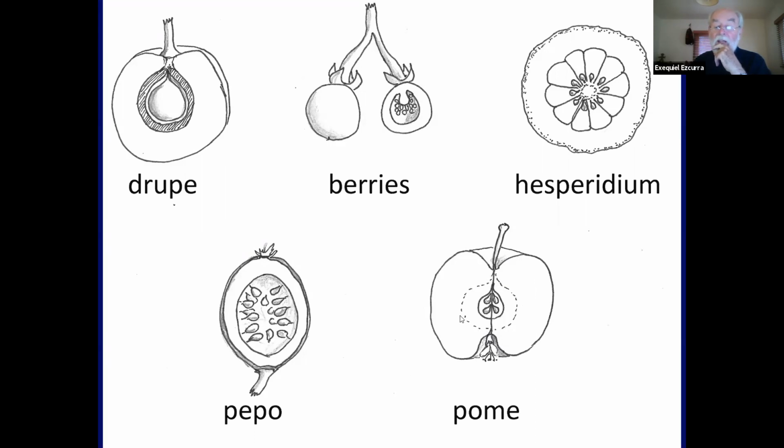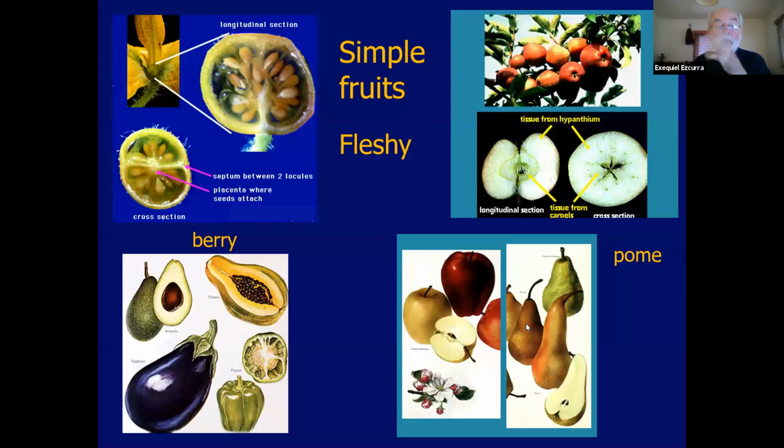This line separates what is properly the ovary from the external part, which is the part of the stem that surrounded the ovary that becomes fleshy once the fruit becomes fertilized. So here you have some illustrations of fleshy fruits.